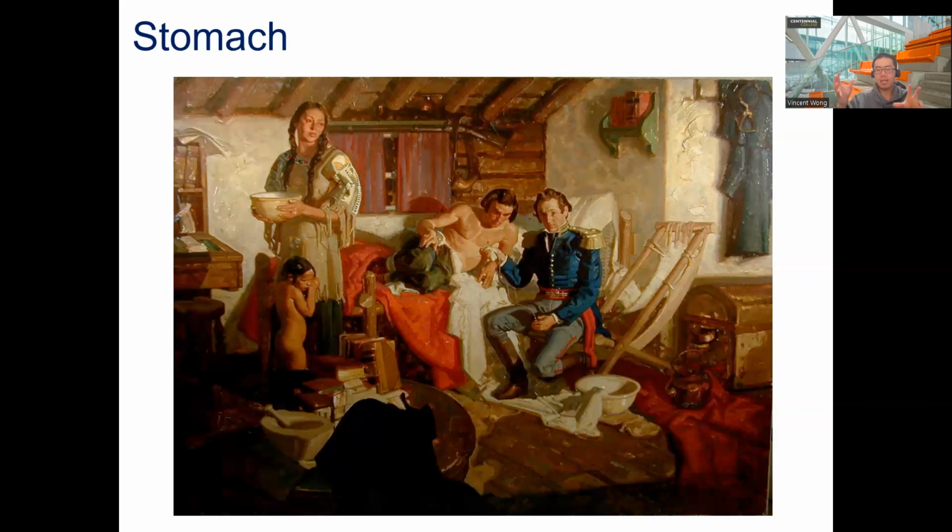But the gun, in addition to making a hole in his abdomen, actually made a hole in his stomach as well. And as he was healing, the hole in the stomach actually got fused with the hole in his upper abdomen, and created what's called a fistula.